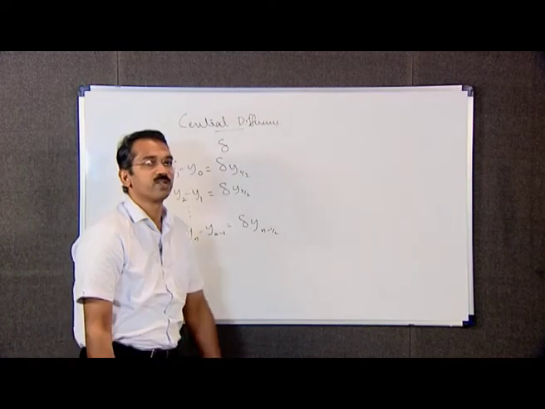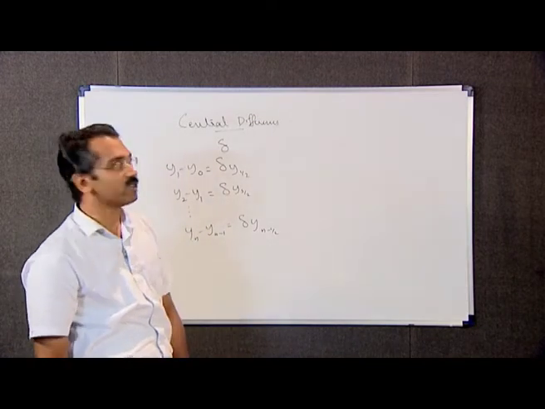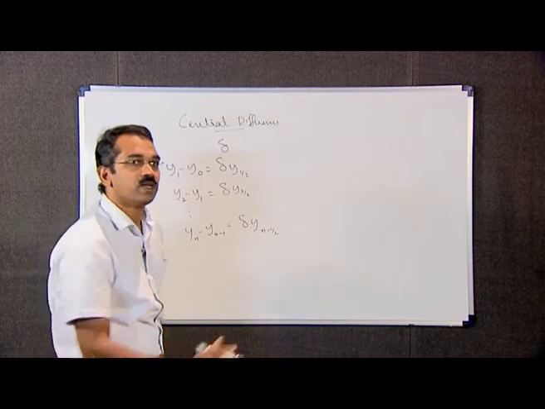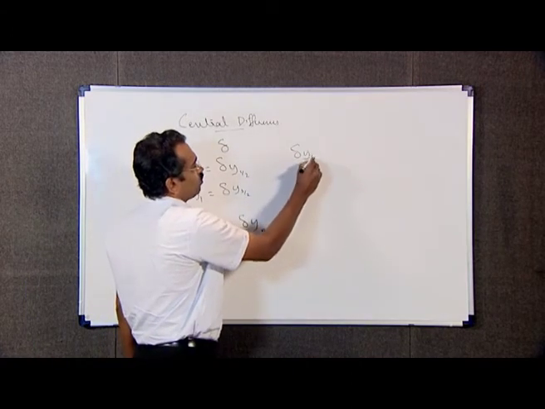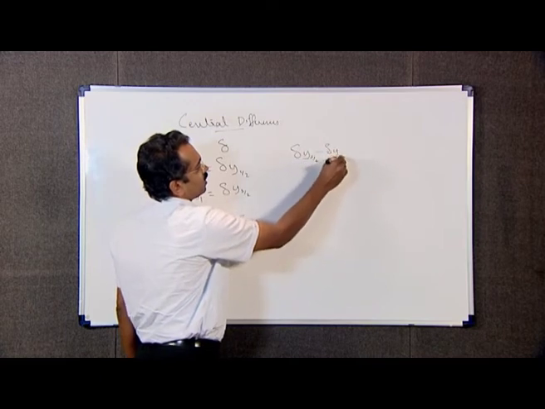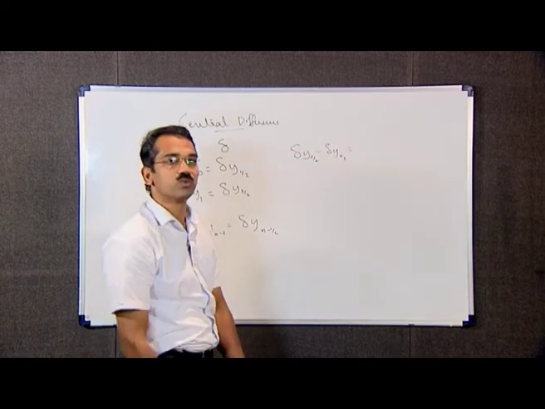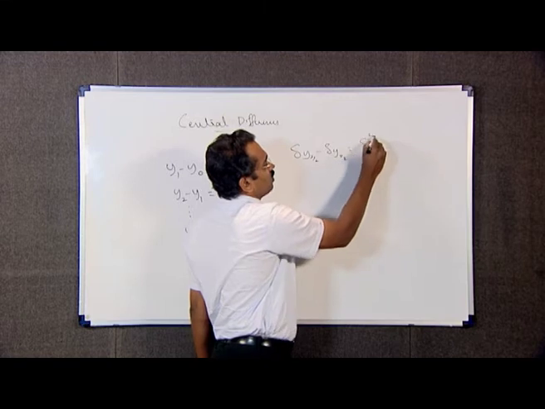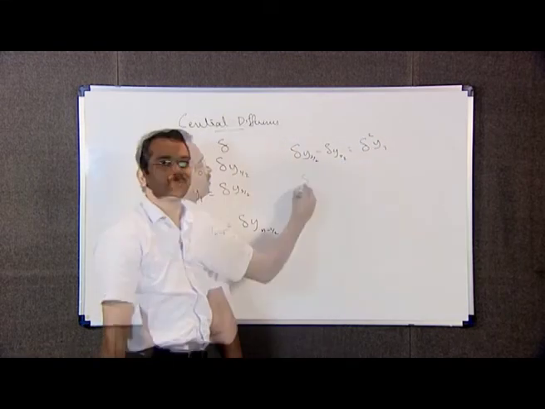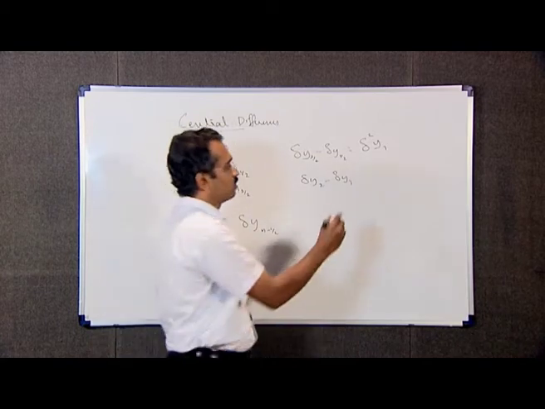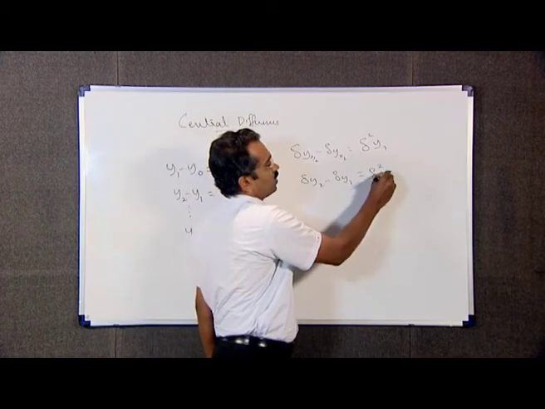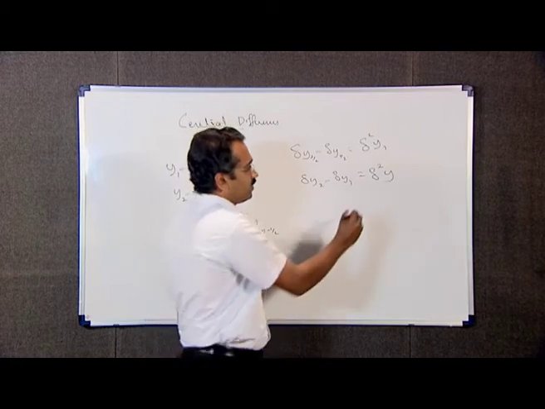The higher central differences are delta y 3 by 2 minus delta y 1 by 2, which is equal to delta square y1, delta y2 minus delta y1 as delta square y3.